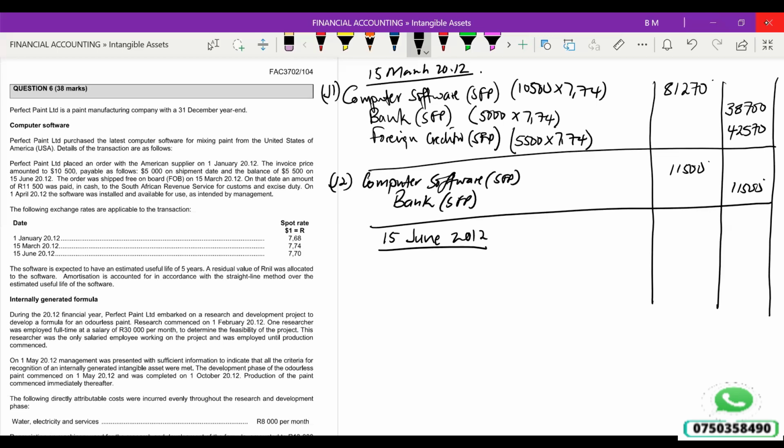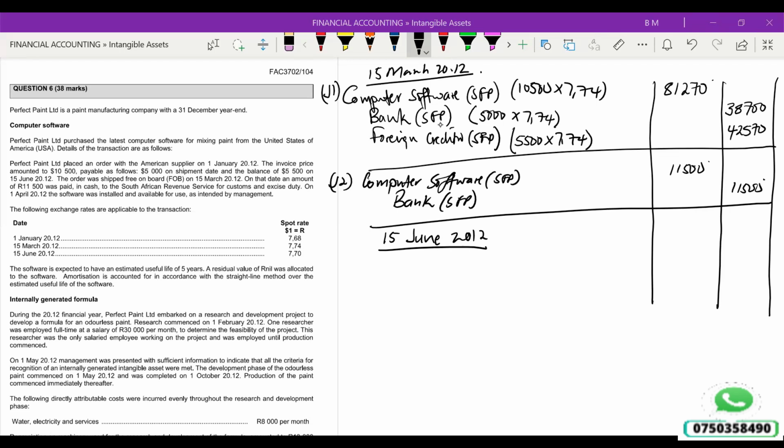Okay. So the first step that you need to do is to measure the asset on the free on board date.